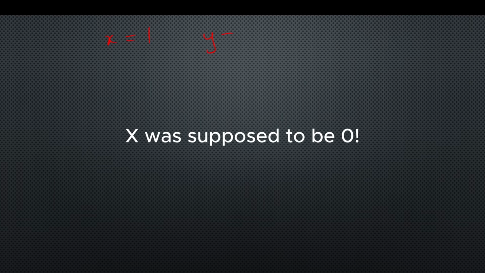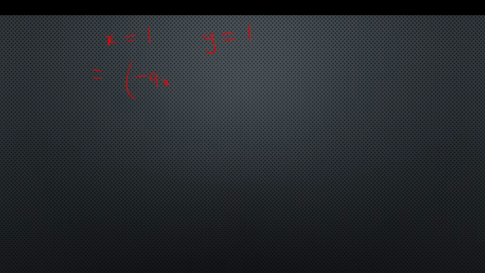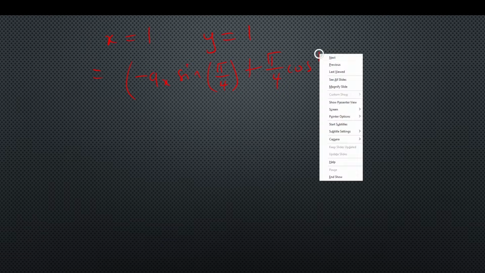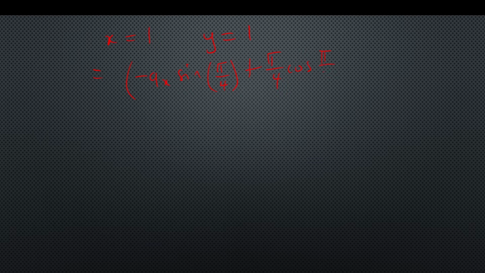So at x is equal to 1 and y is also equal to 1, we are going to have, now I'm going to bring V naught e to the negative x outside.